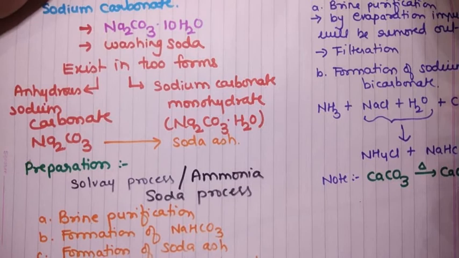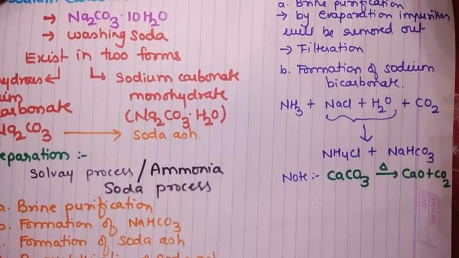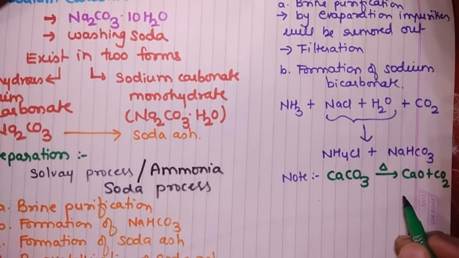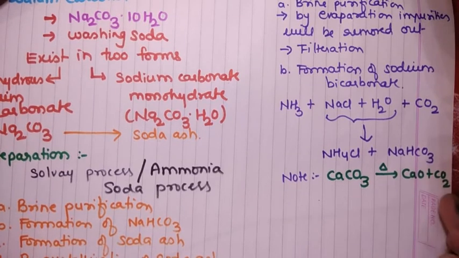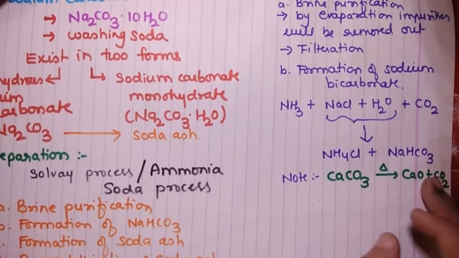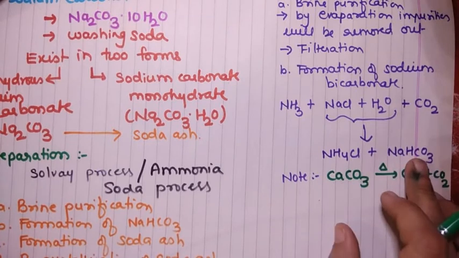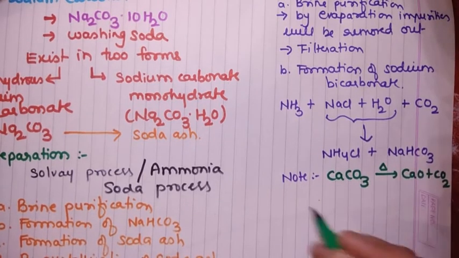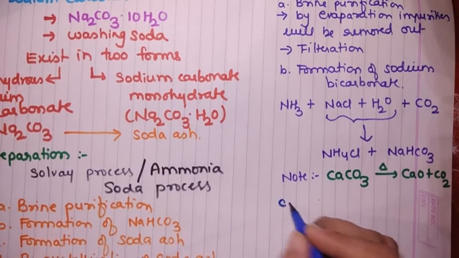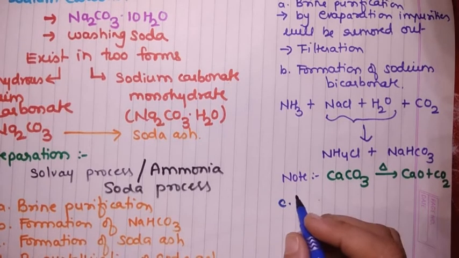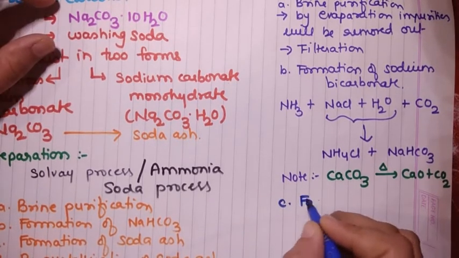So that is the process for obtaining CO2. In this way we get CO2, and we use this CO2 for obtaining sodium bicarbonate. The next step is C, that is formation of soda ash.